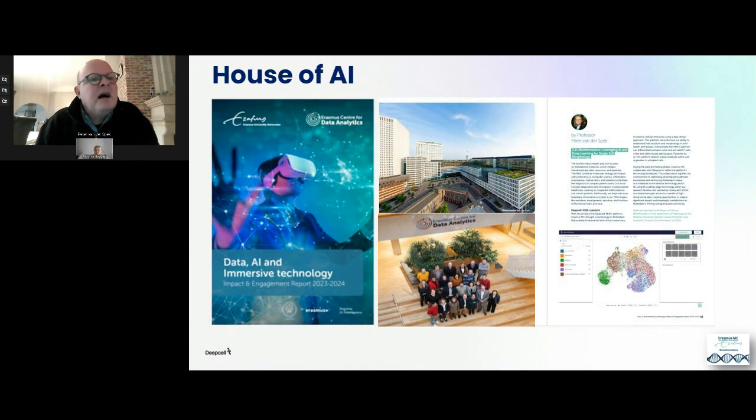We have also set up a House of AI, because we realize that if we are going to bring novel technology into the clinic, we will also have to train existing clinicians in using these new application areas and knowing what you can do with this kind of new technology. In the House of AI, which is set up at the Erasmus University, new data analytics tools are present to study these morphological changes as well.